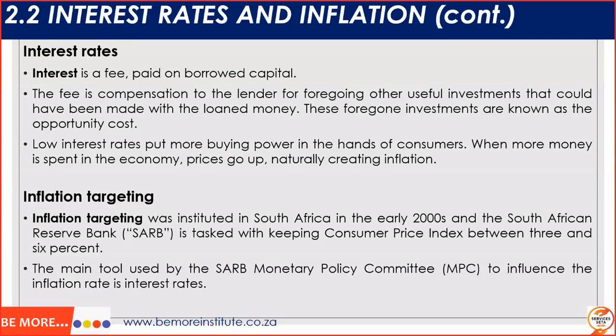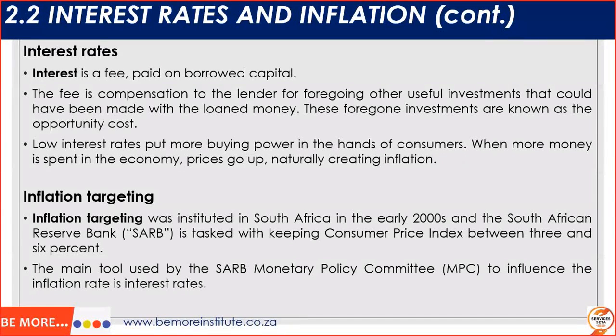So in South Africa, we try to make sure that we don't have hyperinflation by managing our inflation in the market between 3 and 6%. Anything higher than that, the Reserve Bank is tasked with putting in place measures to control it.